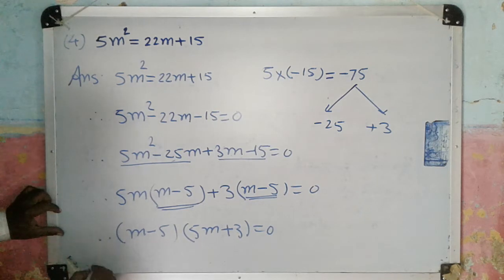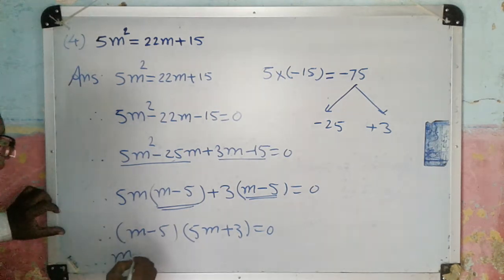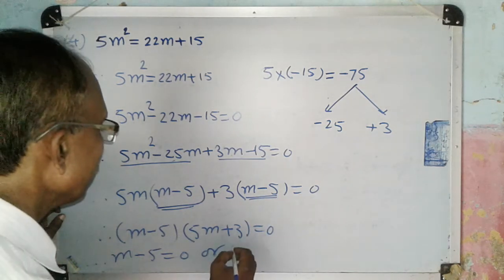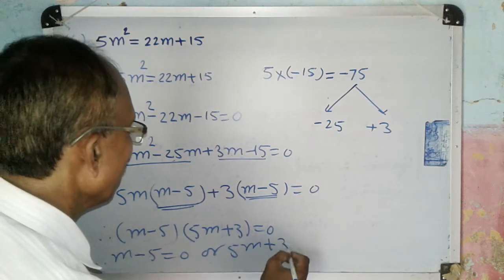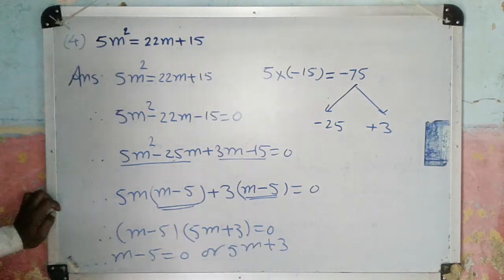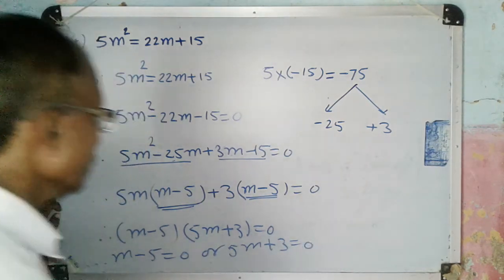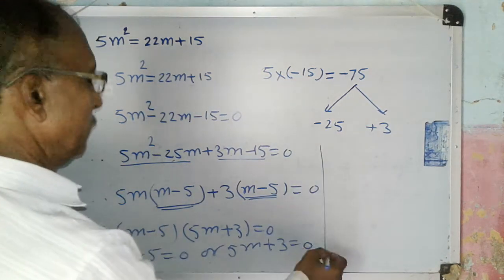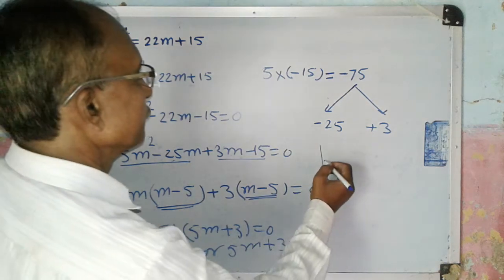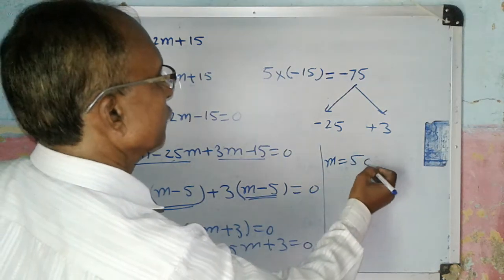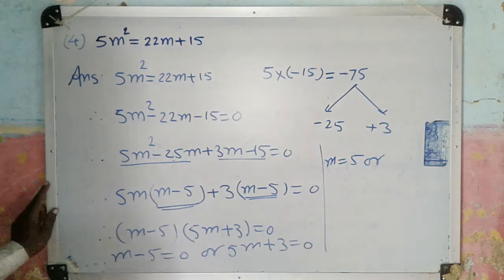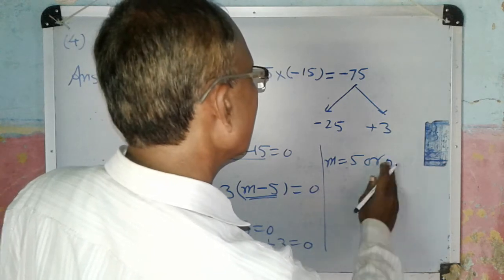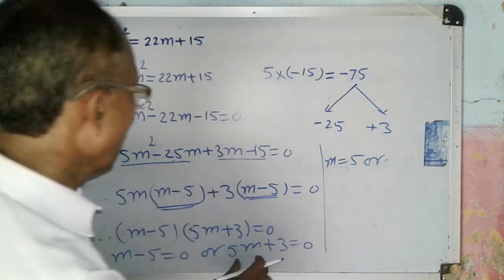Therefore, m minus 5 is equal to 0 or 5m plus 3 is equal to 0. So here we get m is equal to 5 or m is equal to... 5m plus 3 is equal to 0.